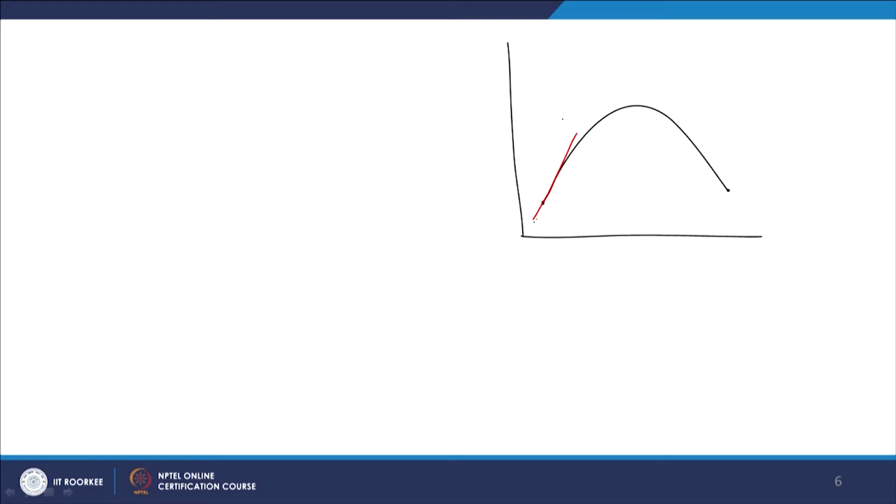So, I can draw tangents at different points, but they do not really touch any other point on the graph. What essentially it means is that in this particular case, we do not really have a circumstance when we will have two concentrations which are different and they are in equilibrium.